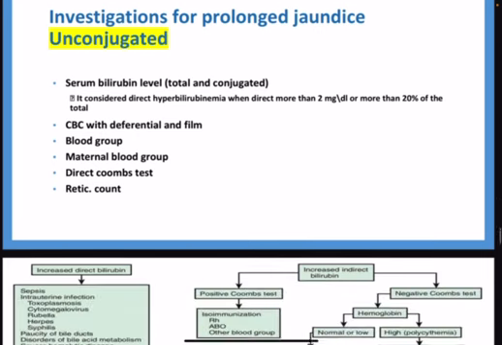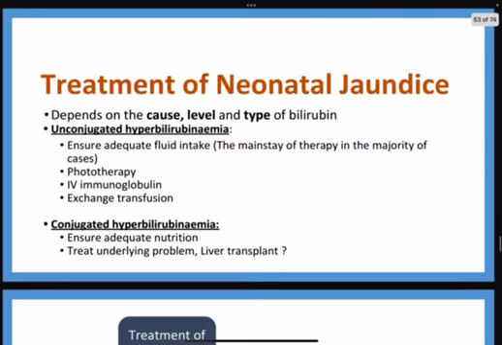Okay, so how do we treat? If it's indirect, I'm not dealing with a hepatic disorder or disease, a thyroid problem, or a metabolic disorder, for example. The first thing we do with indirect, unconjugated: make sure that the baby's oral intake and feeding are optimal.